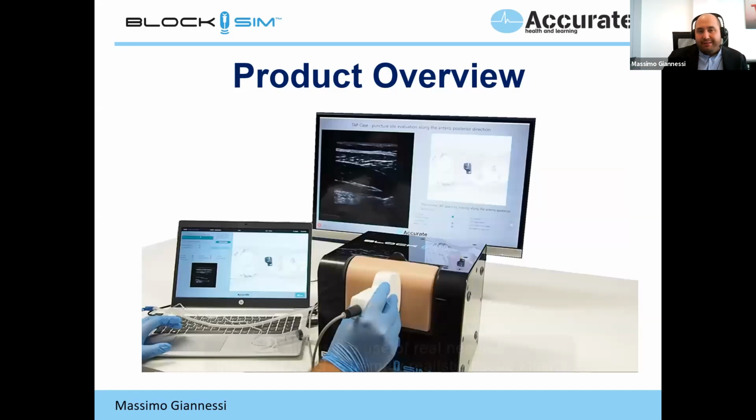This is how the whole setup looks. With the BlockSim, you will get the computer and also the monitor. On the computer are installed the BlockSim software and the BlockSim instructor interface. On the monitor, you have the user interface.